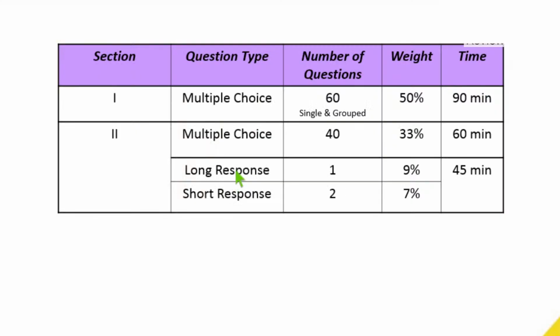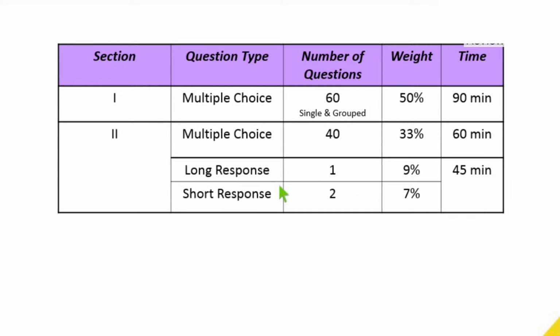Notice that the number of questions you'll be working on are fewer, the ones that actually need an actual response from you. And you have 40 multiple choice questions for which you're given 60 minutes. So if you add up the times, you still get 105 minutes. The time is not different, but the distribution here is indeed different.